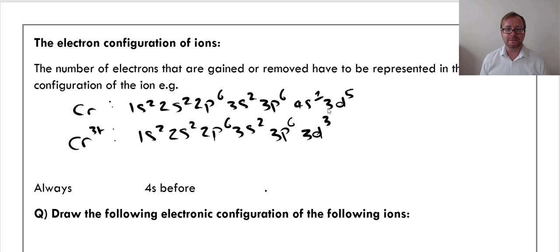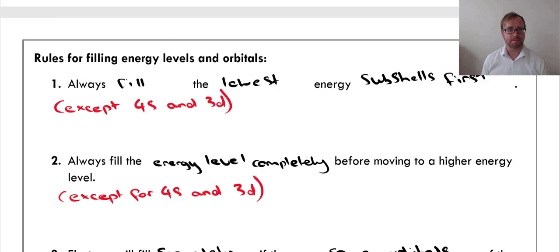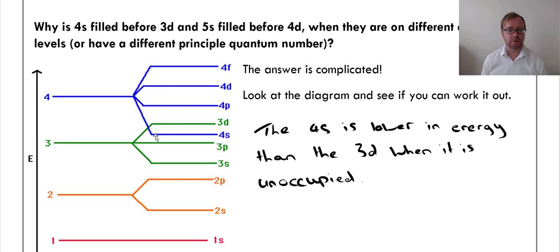So you may notice that we always remove 4s before 3d, and again the reason why is very, very complicated, but a very simple explanation is that once the 4s has been occupied with electrons, it actually jumps up in energy.